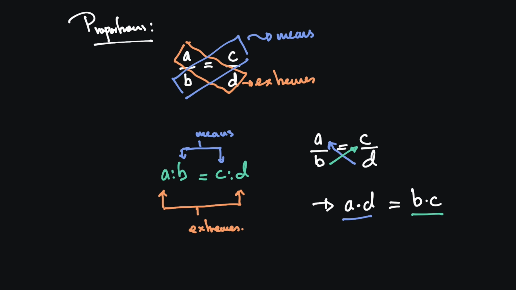Obviously B and D cannot be zero as we stated before. If we know that this is true, then we know that this is a proportion, okay?